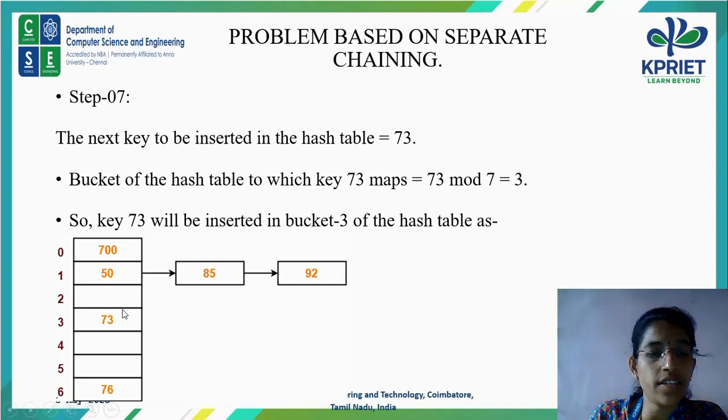From this diagram, you can check there is a relationship between the key value and the key element. So 700 is present at the zeroth position, 73 at the third position, 76 at the sixth position.